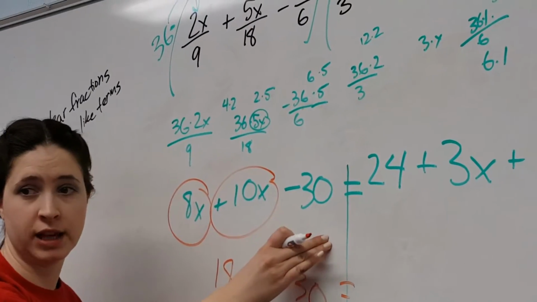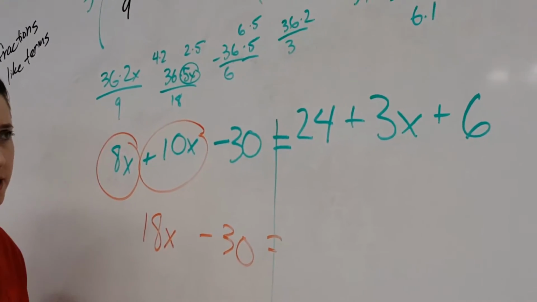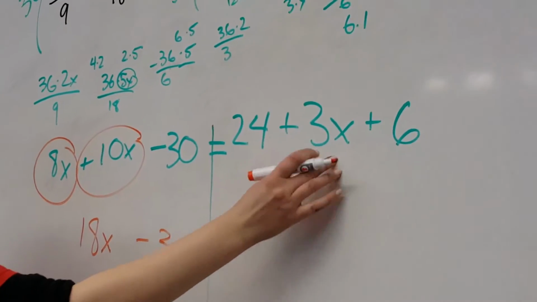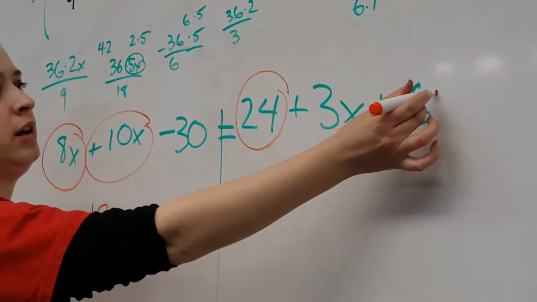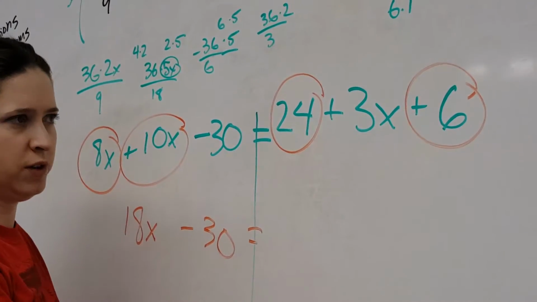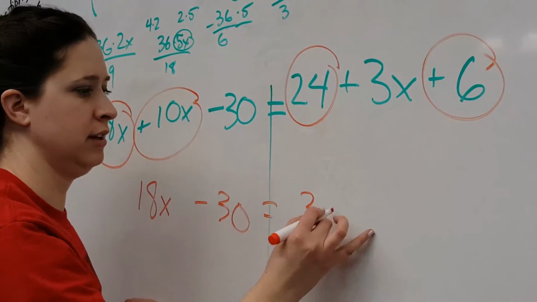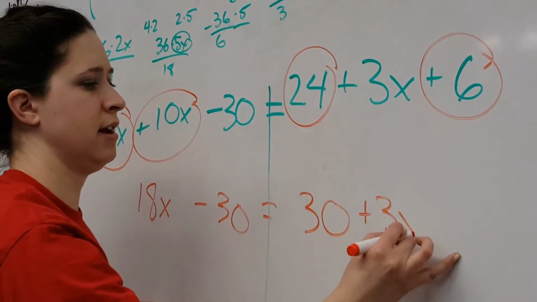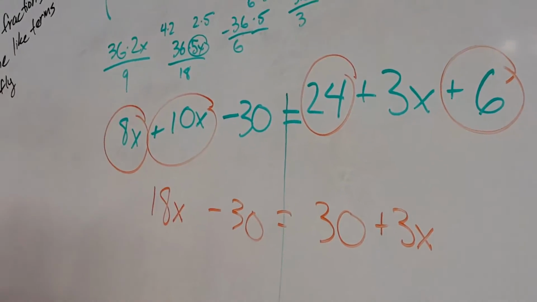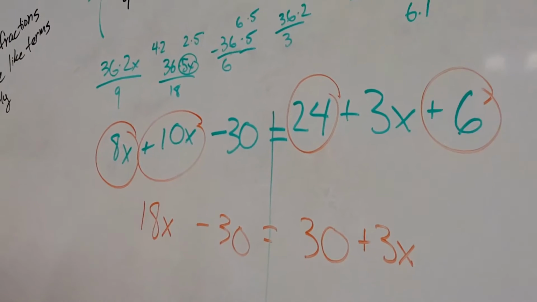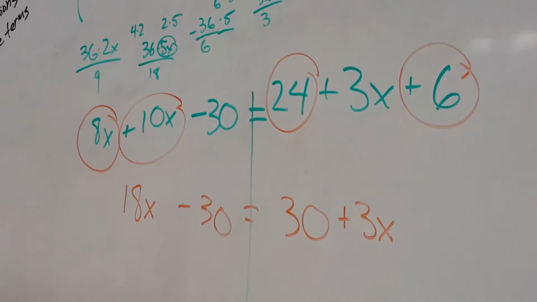Even though we didn't combine any like terms, it's still part of the problem. Then over here, I don't have any other x's, but I do have a 24 here and a 6 here. So 24 plus 6 is 30 plus 3x. Do you see any mistakes yet? Hopefully not. Otherwise we'll have to make another video.